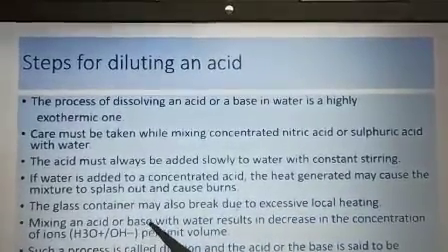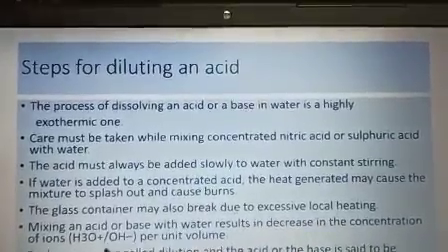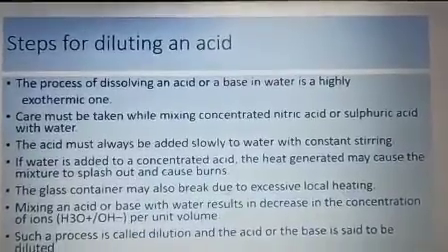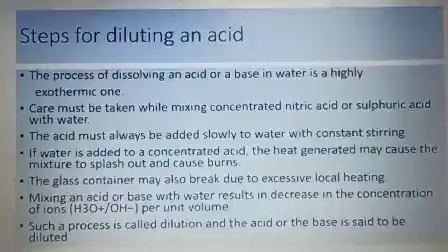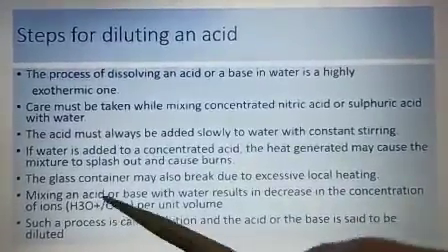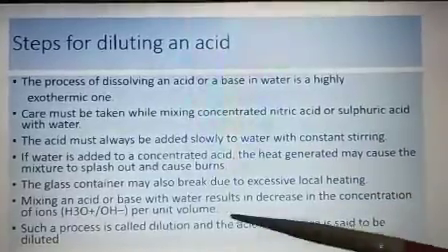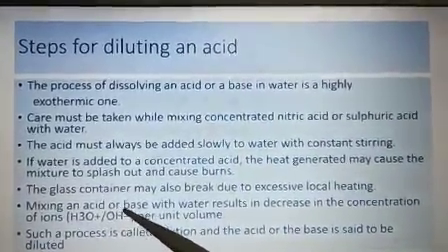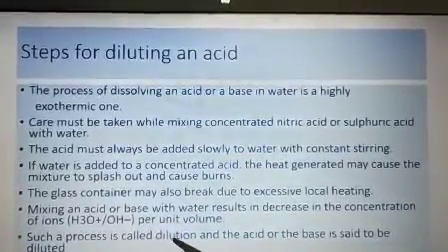Mixing an acid or base with water results in a decrease in the concentration of H+ ions per unit volume. So what happens if you mix the acid or the base in water? It results in a decrease in the concentration of H3O+ ions or OH- ions; the more water you add, the lower the concentration. Such a process is called dilution.